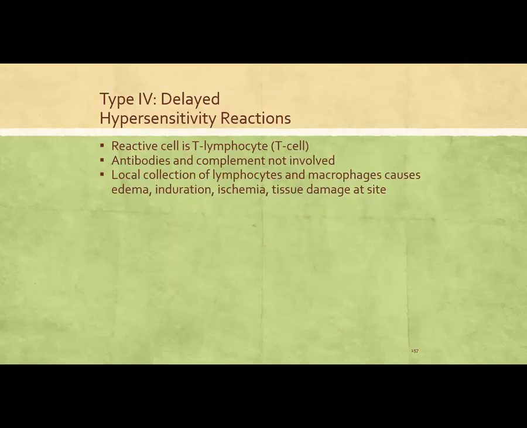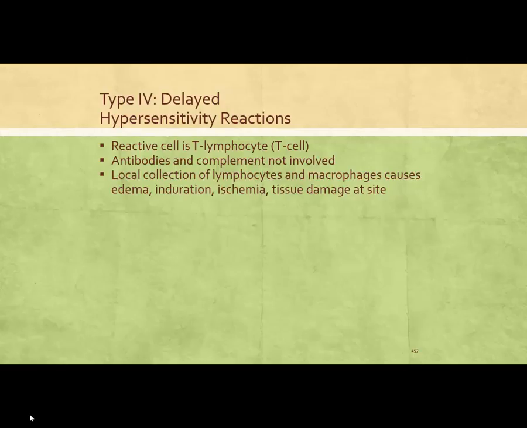And the last thing that I will talk about today is delayed hypersensitivity reaction. Your delayed hypersensitivity reactions are reactions of sensitized T cells with an antigen and release of lymphokines, which activate macrophages, and that's what starts the inflammatory process.